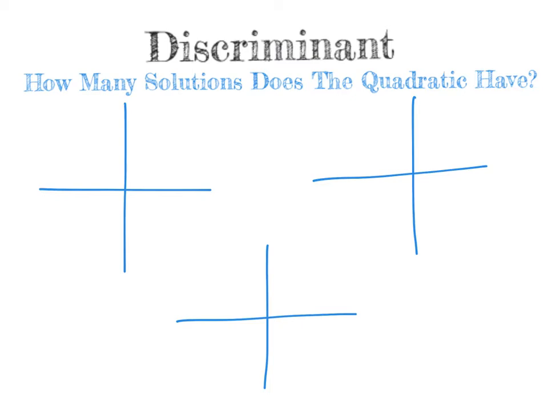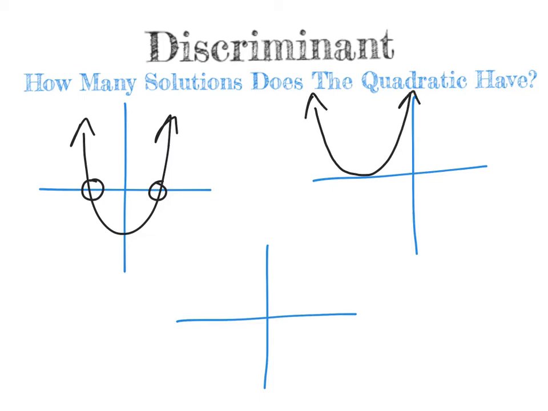You can expect two solutions, where it crosses here twice. You can expect one solution, where it touches it right there once. Or you can expect no solutions, where it doesn't cross the x-axis at all, right? Now, this is graphically how you would see it on Desmos for two solutions, for one solution, or no solutions.